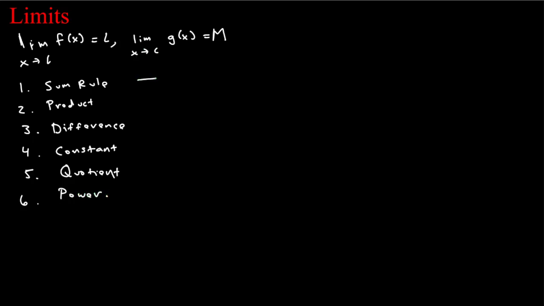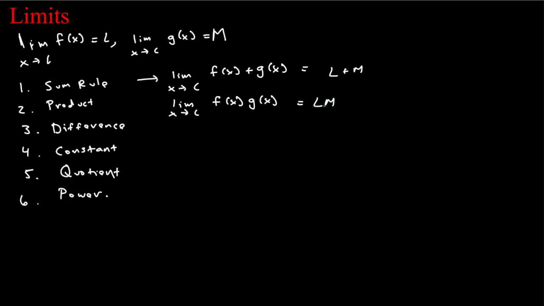Basically, what the sum rule says is the limit as x tends to c of f of x plus g of x is simply L plus M. Similarly, for the product rule, the limit as x tends to c of f of x times g of x is LM.